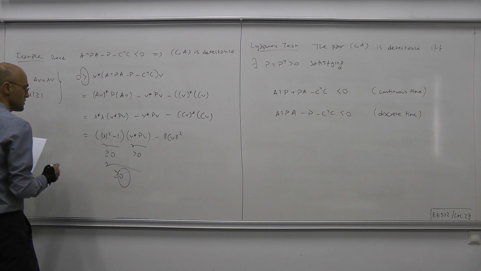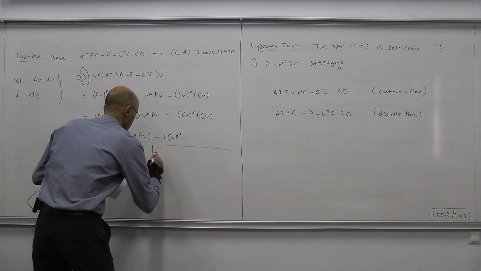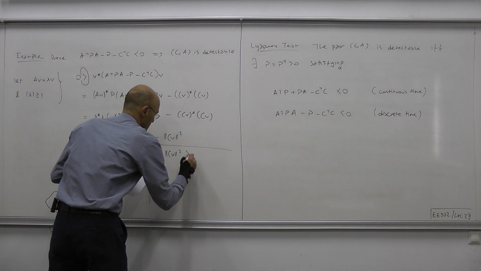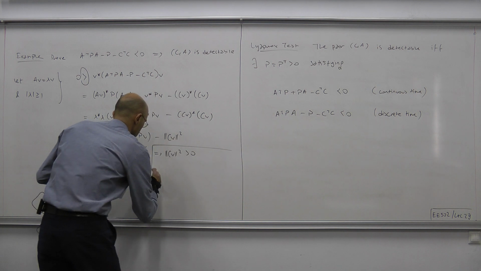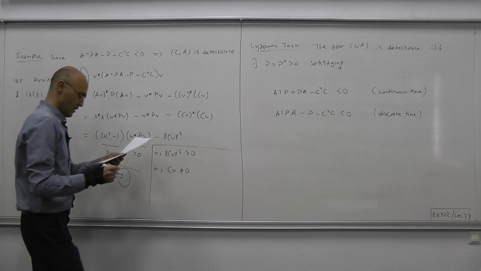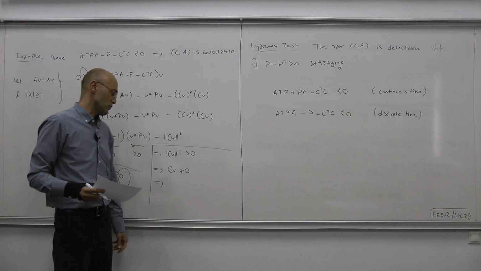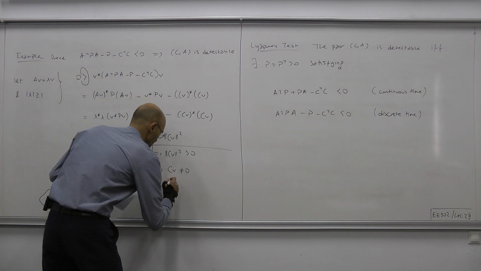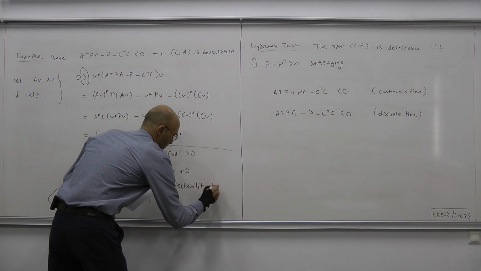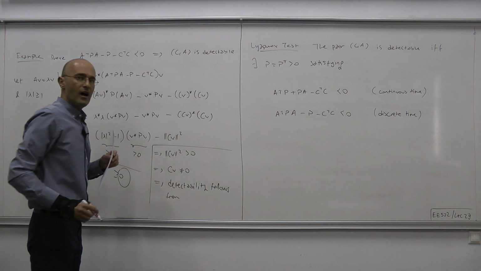Okay, so let's squeeze it here: this implies norm square of CV is positive, which implies CV cannot be 0. That reads V does not belong to the null space of C, and as a result we have detectability following from the eigenvector test.